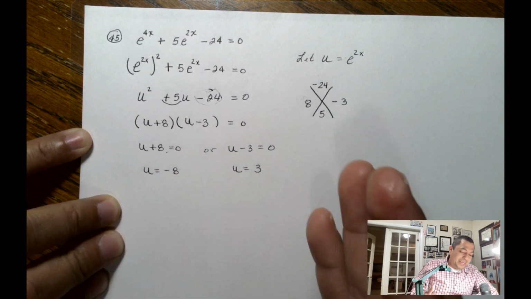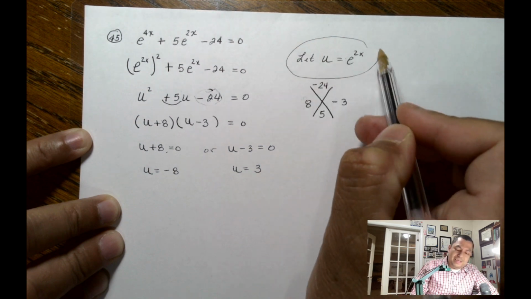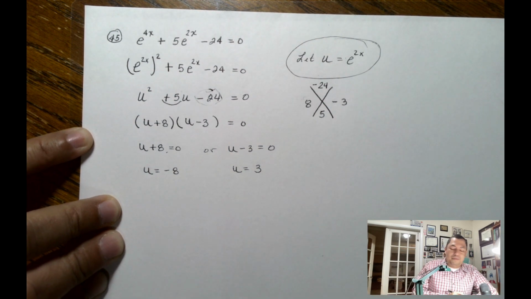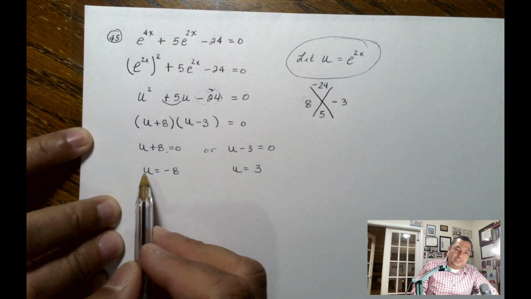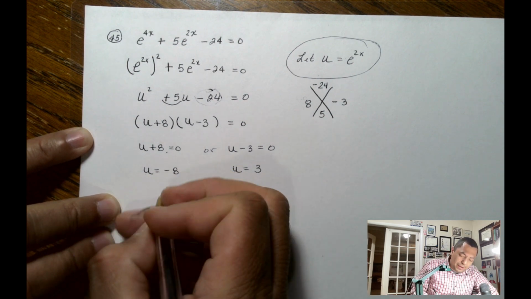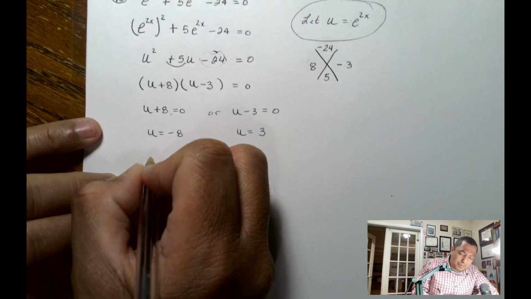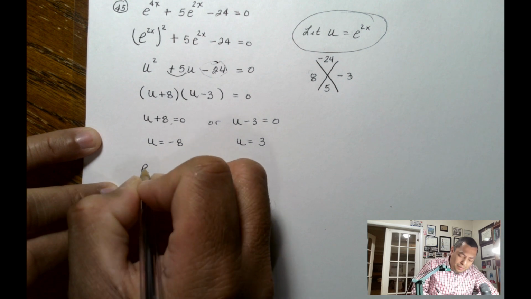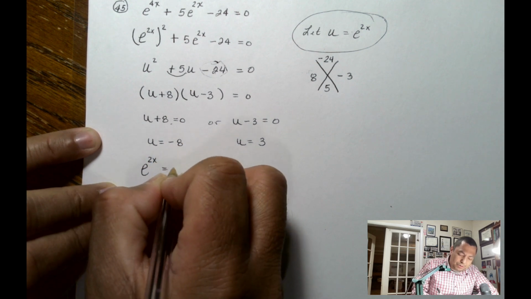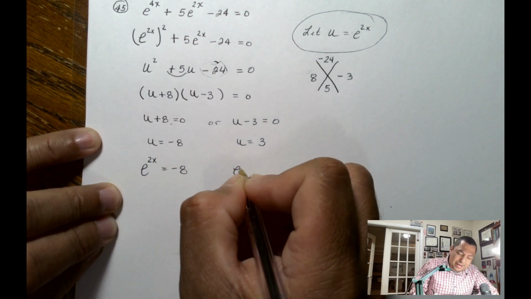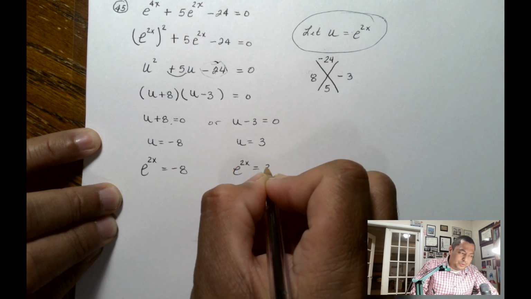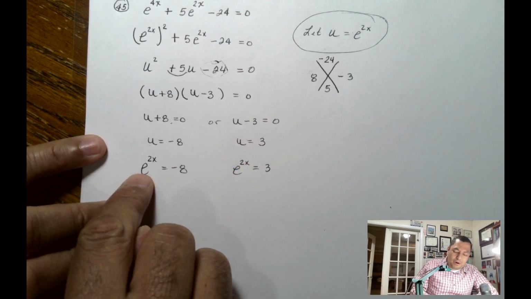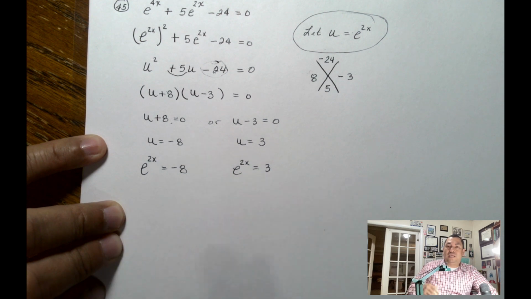Let's not forget that we have this change here. So we need to return this u to the original expression. So I'm going to have e to the 2x equals negative 8 and e to the 2x equals 3.